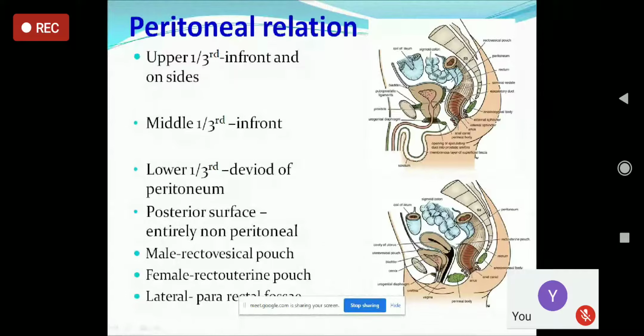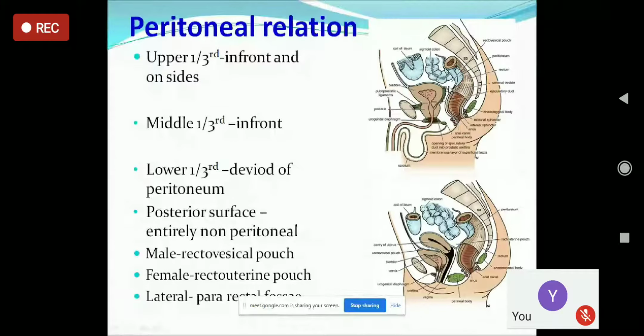In the posterior surface, it is entirely non-peritoneal. So it covers the upper one third in front and at the sides, the middle one third in front only, and the lower part is devoid of peritoneum. There is no peritoneal fold, and posteriorly it doesn't have any peritoneum.